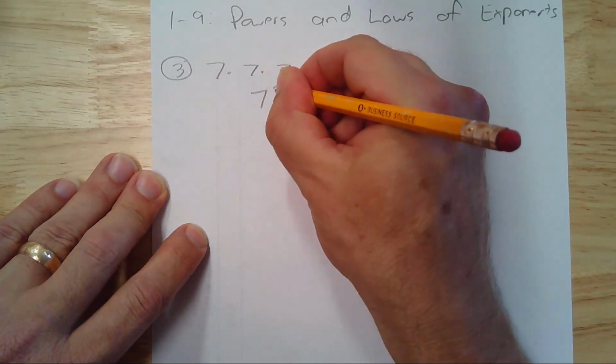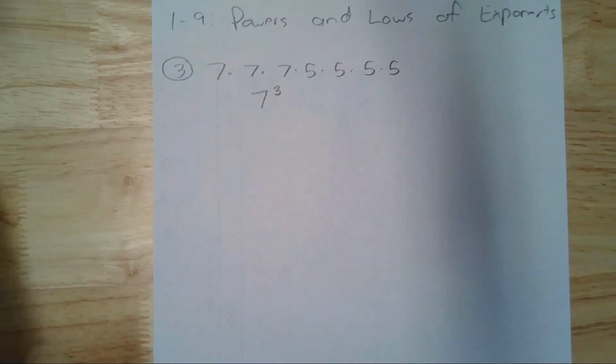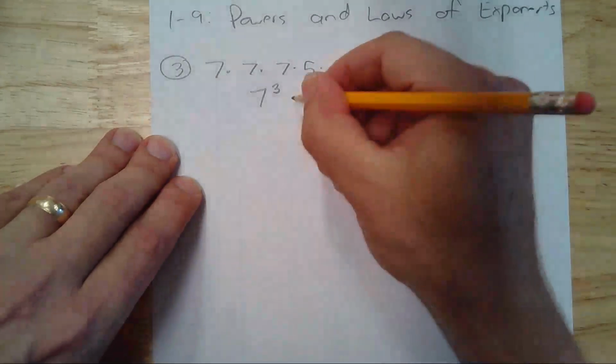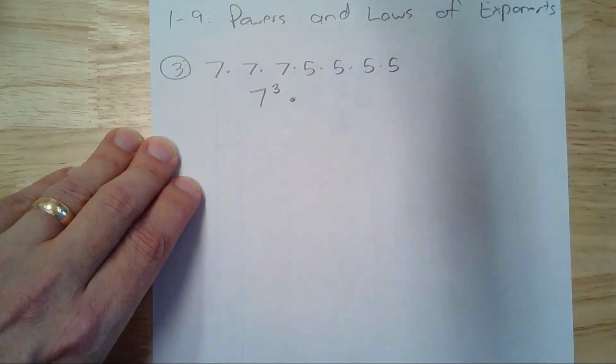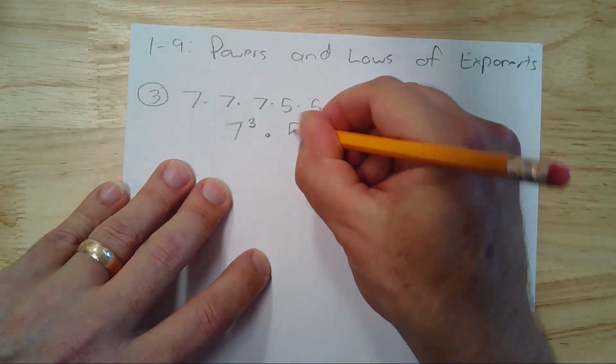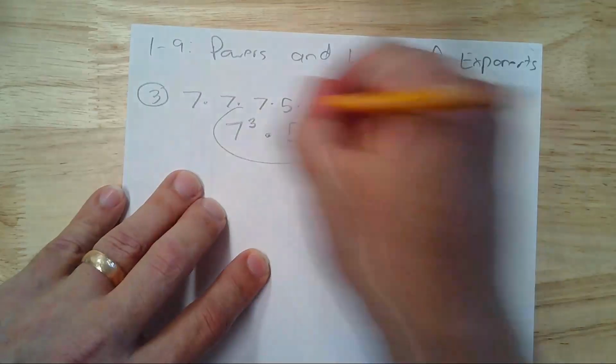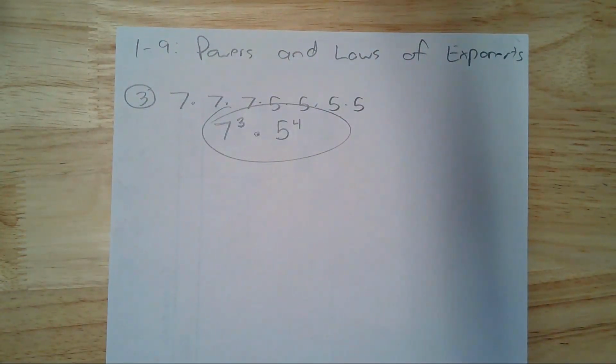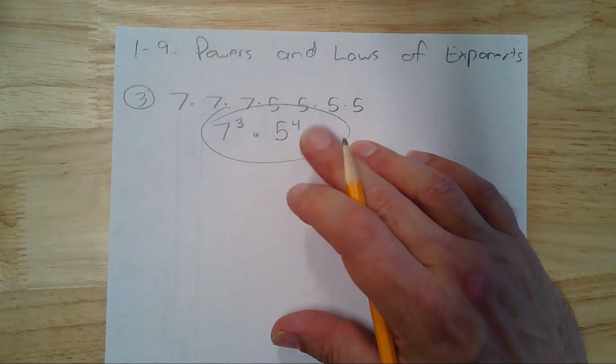So I could say that is 7 to the third. And how many times am I multiplying 5 times itself? 4. At the moment, they don't want us to solve it, which is nice. It's a simpler way to write it.